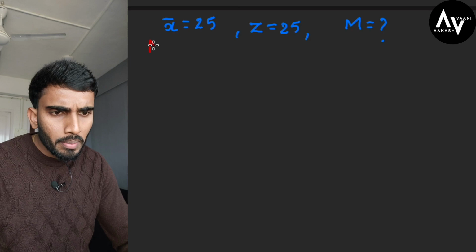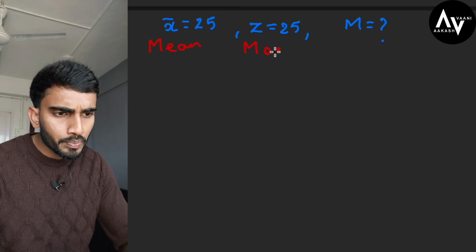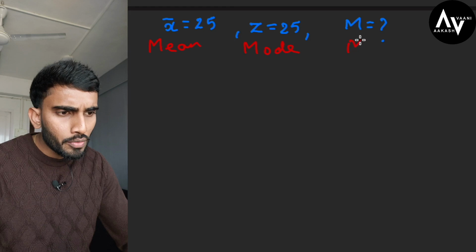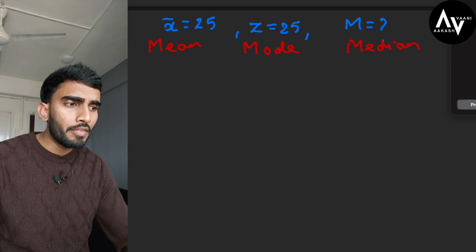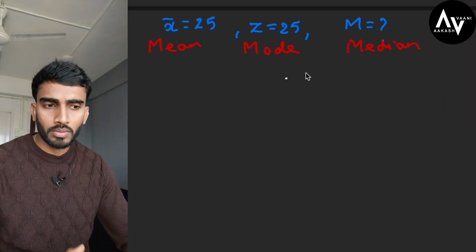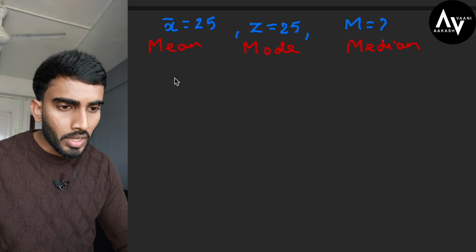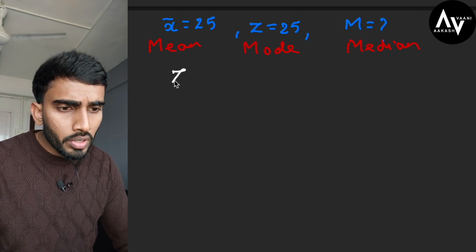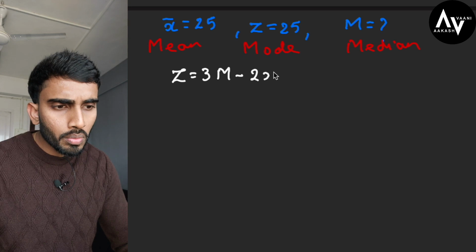X bar means mean and z means mode, and we have to find the value of median. There is a formula called the empirical formula, which gives the relation between the mean, median and mode. That formula is mode is equal to 3 median minus 2 mean.